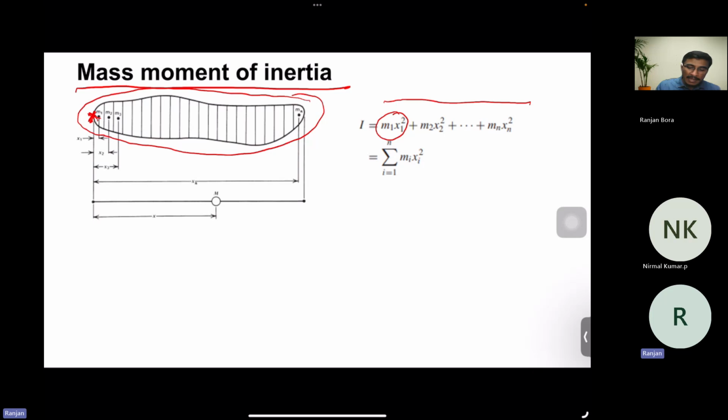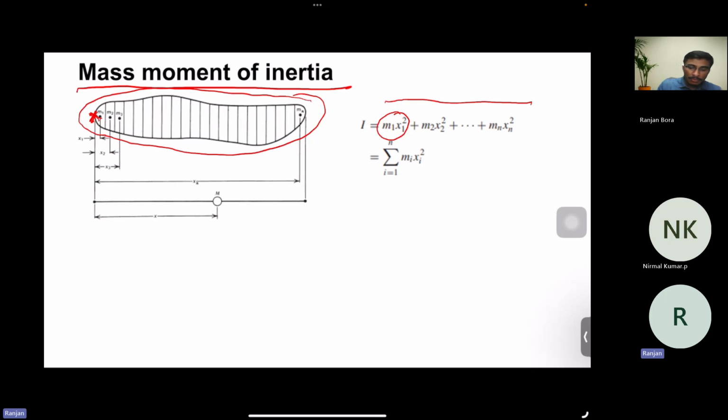Like that, for mass m2, the moment of inertia is m2 multiplied by x2 squared. You can see this is x2. And if we sum the moment of inertia for all the small masses, the nth mass has moment of inertia given by mn into xn squared, and we get this.